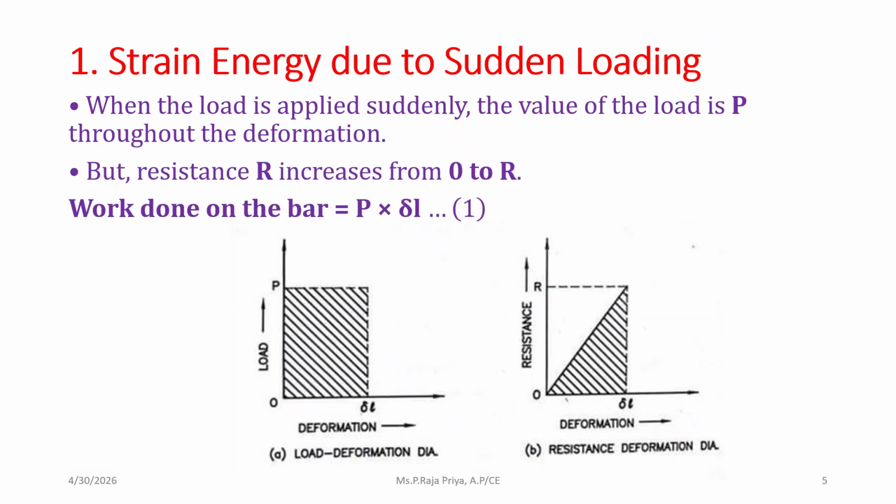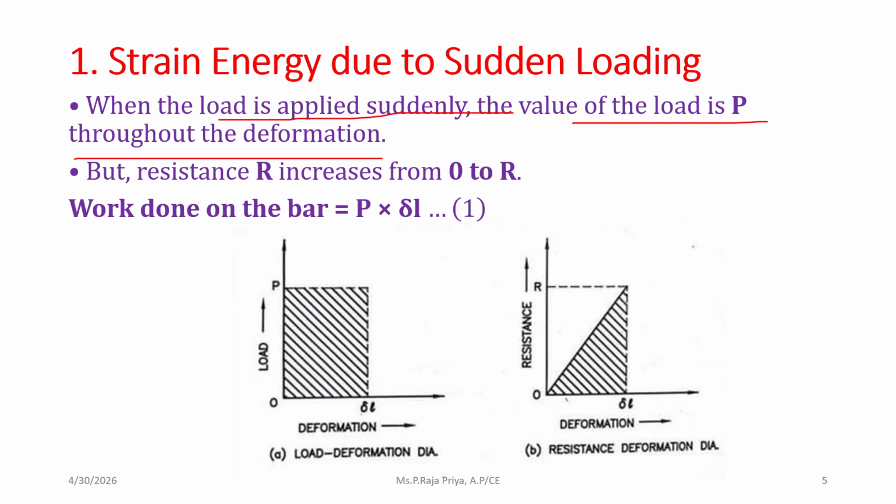First we'll move on to the strain energy due to sudden loading. In case of suddenly applied loading, the load is applied suddenly. The load will be P throughout the deformation. In the previous slide we have seen that the load will be constant after applying, thereafter it will be constant.